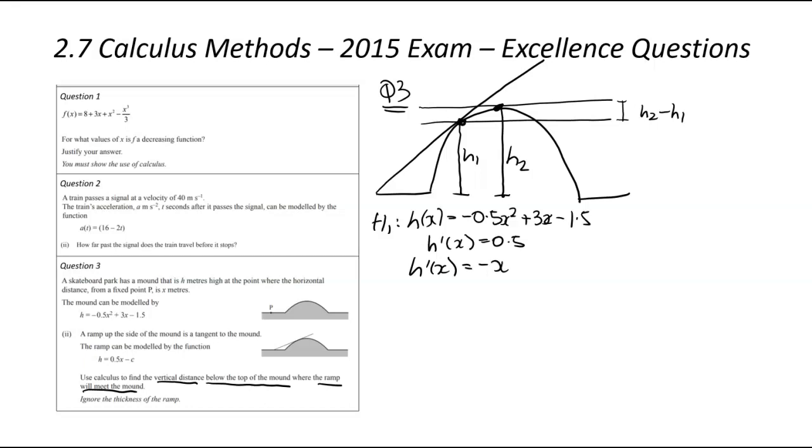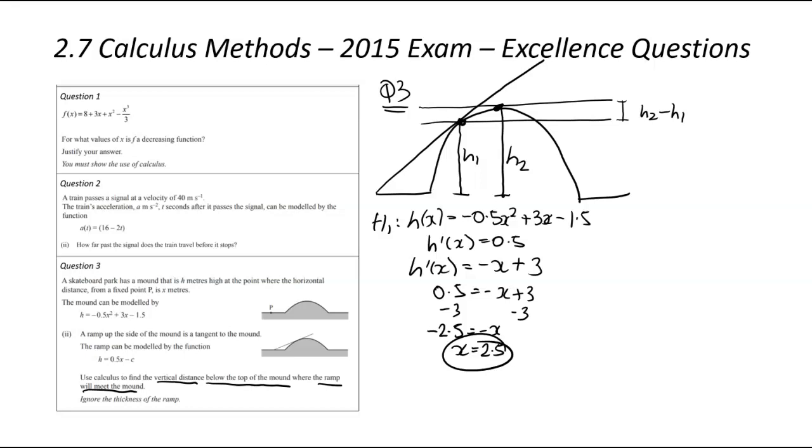That is going to be negative x, or negative 2x times 1/2, plus 3. So we need to figure out when that is equal to 0.5, negative x plus 3. So let's go minus 3 minus 3, so that there is negative 2.5 equals negative x. So x will be equal to 2.5.